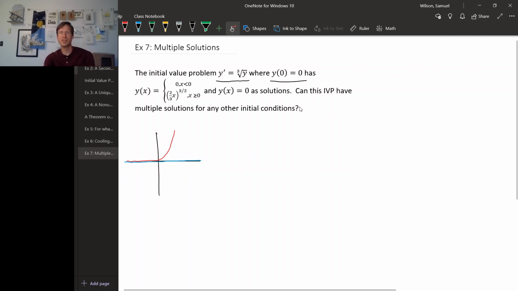So the question that I want to ask is, can this initial value problem have multiple solutions for any other initial conditions? We started with the initial condition 0, 0. What I'm asking is, if we change this initial condition to x naught, y naught, are there any other initial conditions where there could be multiple solutions?